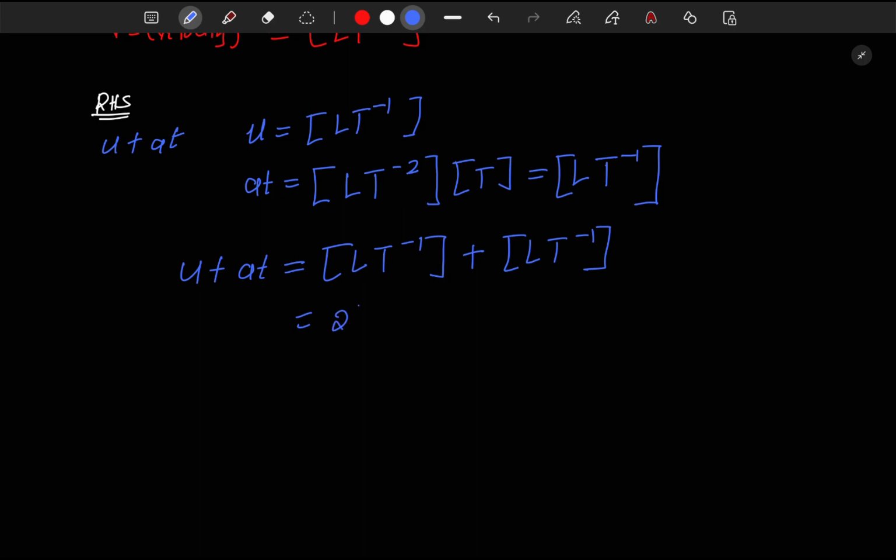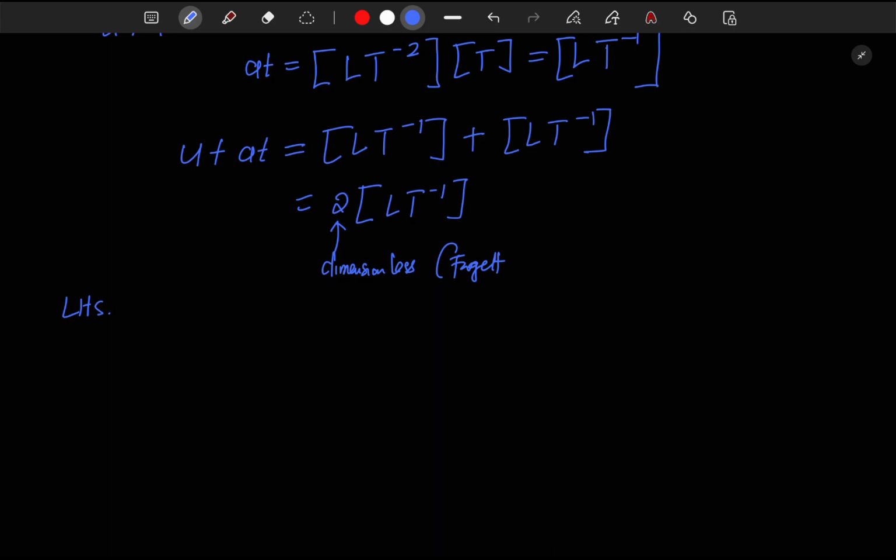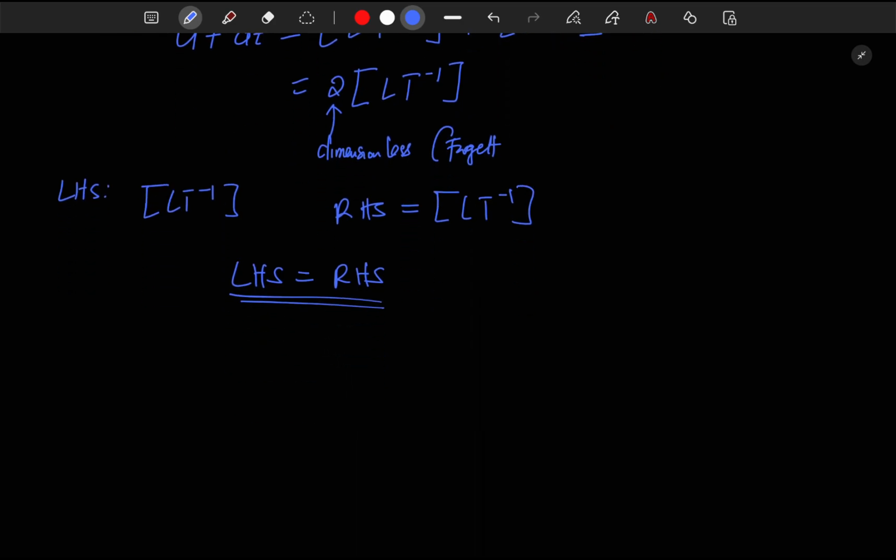Of course, if I add these, it's going to give me 2 LT^-1, but the 2 is dimensionless, so you forget it. Take note that the left hand side was LT^-1, and the right hand side, since the 2 is dimensionless and we ignore it, is still LT^-1. Hence, LHS is equal to RHS. You've shown that this is dimensionally consistent.